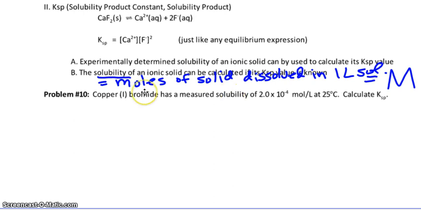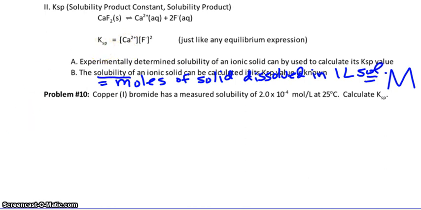What is moles per liter equal to? That's your molarity. That is your concentrations up here. And it says you can experimentally determine the solubility of the ionic solid to calculate KSP. So once we know what the solubility is, how many moles of the solid were dissolved, you can then figure out these concentrations, and therefore you can figure out the KSP.